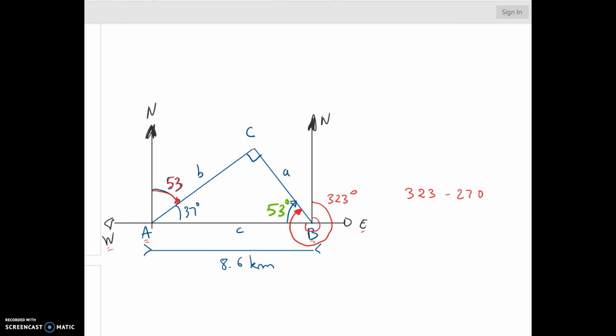Let me use another color. That is 270 degrees. And so I end up having my angle equal to 53 degrees.